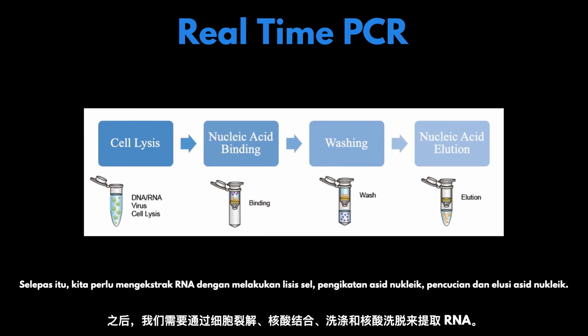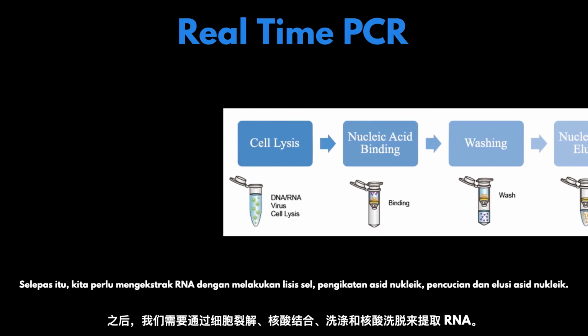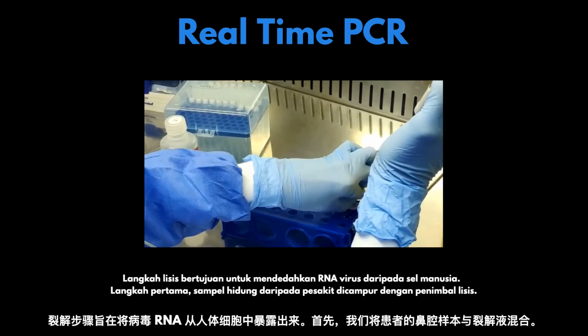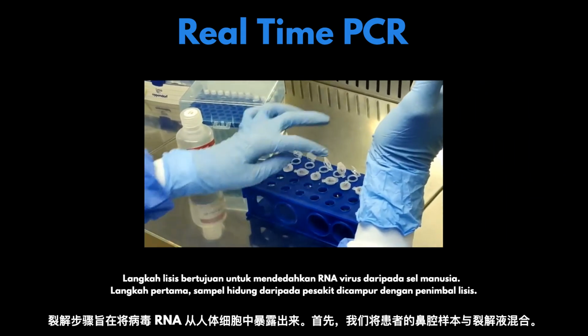Afterwards, we will need to extract RNA by performing cell lysis, nucleic acid binding, washing and nucleic acid elution. The lysis step aims to expose the virus RNA from the human cells.